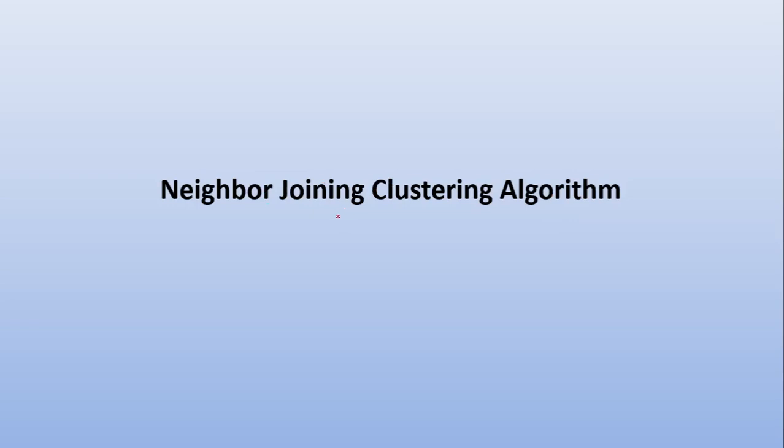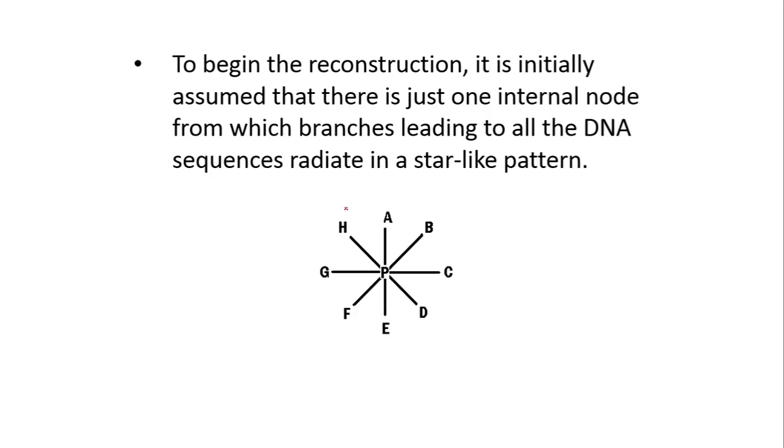Now, to begin tree reconstruction using the neighbor joining method, it is assumed that there is just one internal node from which all the branches are radiating in a star-like pattern. This is the starting point of your neighbor joining algorithm.